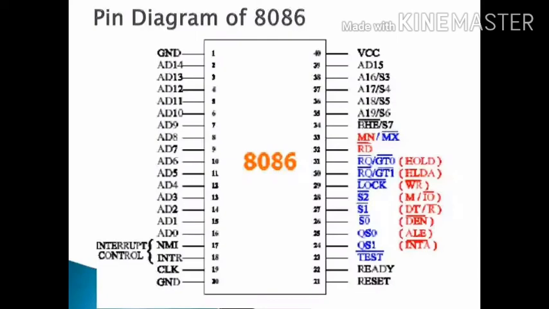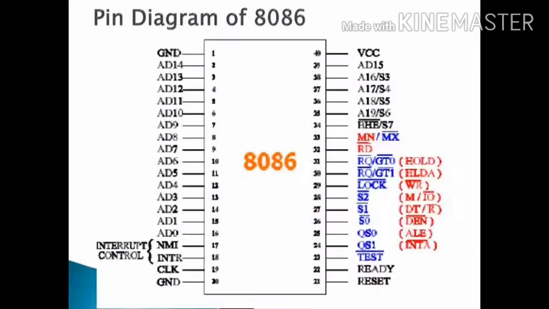If the lock signal is activated, it is one of the signals in the maximum mode operation. The signal is connected to the external bus controller, which prevents any other microprocessor from taking control of the system bus, because at a time only one microprocessor can have control of the system bus, which is a shared resource.